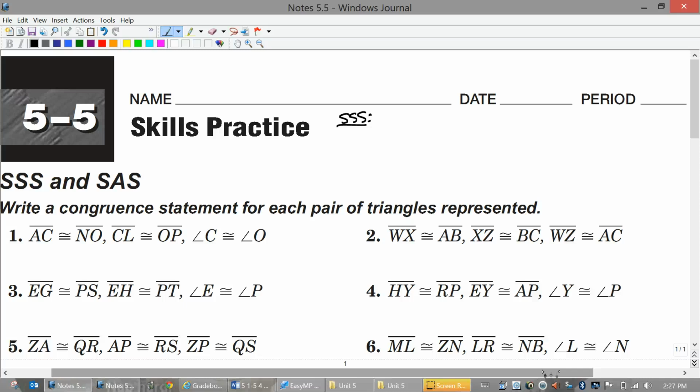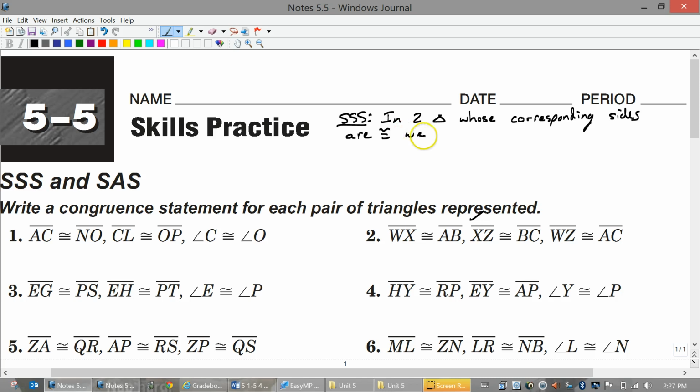One version of that was 3 sides congruent. So in two triangles whose corresponding sides are congruent, we can say that the triangles are congruent.